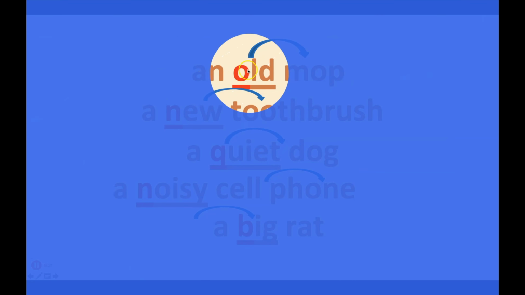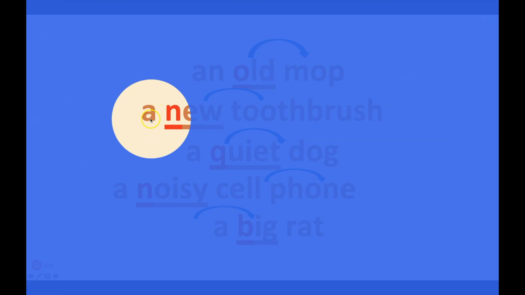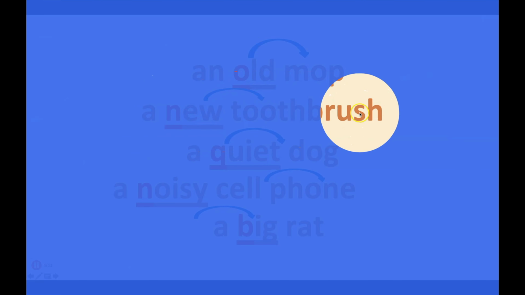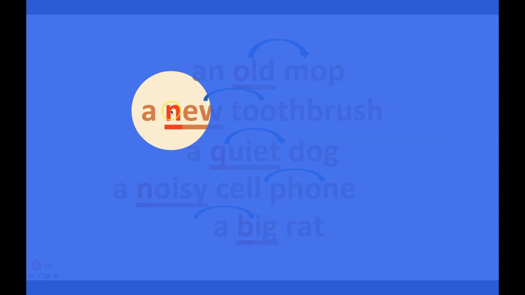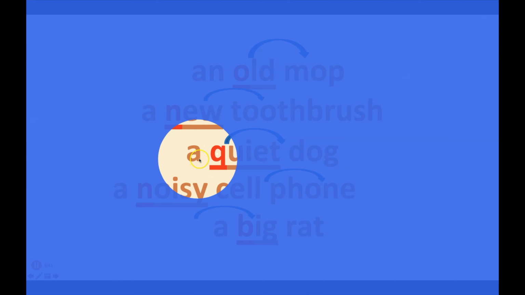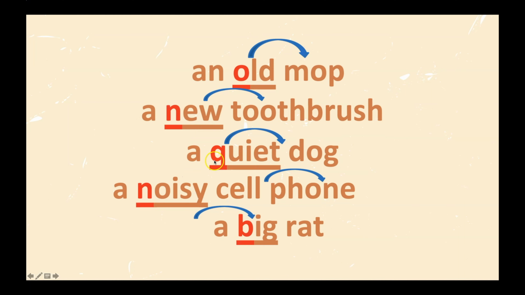Well, O. A new toothbrush. Why a for new? A quiet dog. Why a? Q for quiet. And we said Q and U in English show up together. Where you have a Q, you have a U.